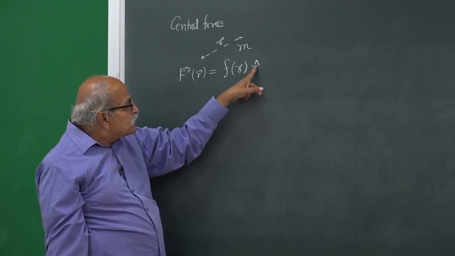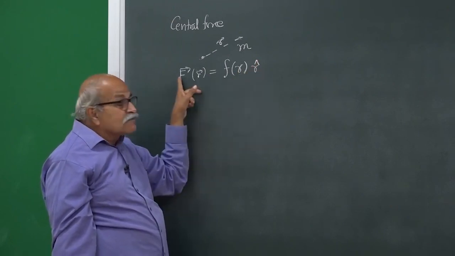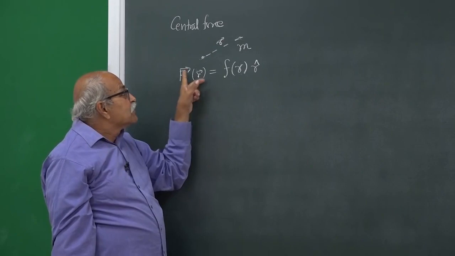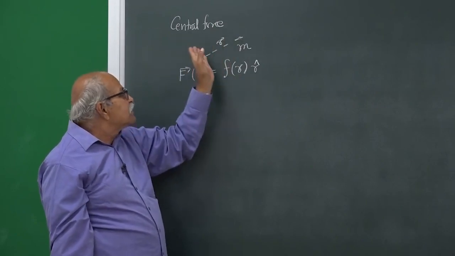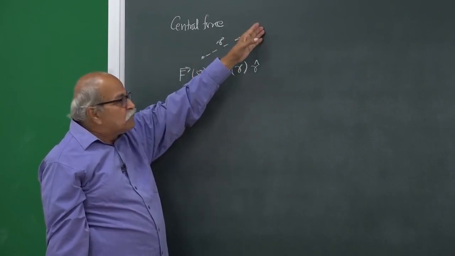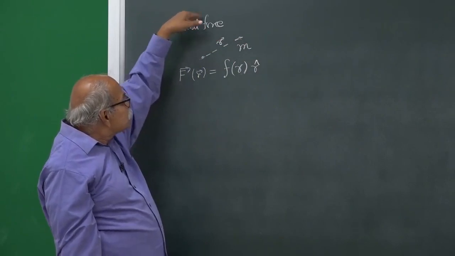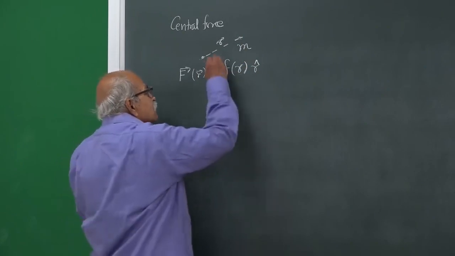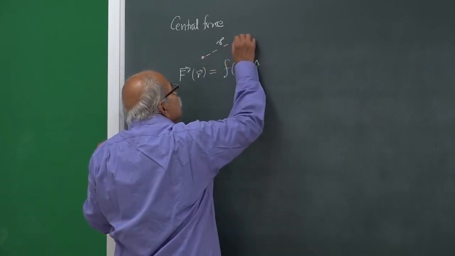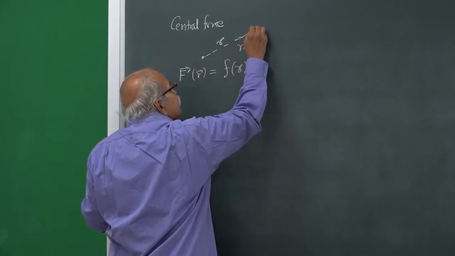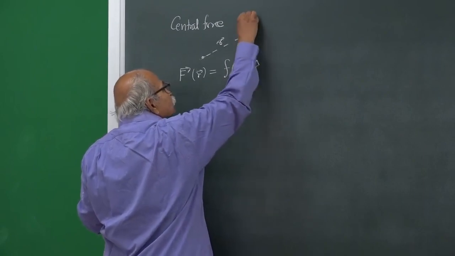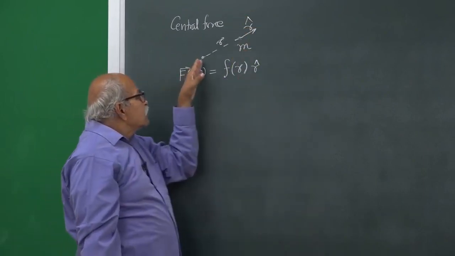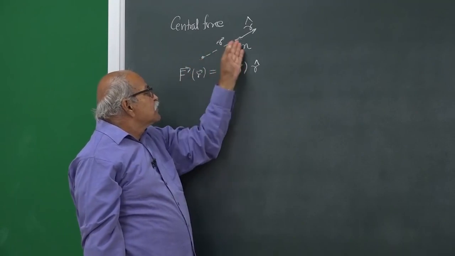And this direction is the direction of the force. In general it need not be in this direction, but for a central force it has to be in this direction. This r cap vector is along this line, in the increasing r direction, the unit vector along the position vector.